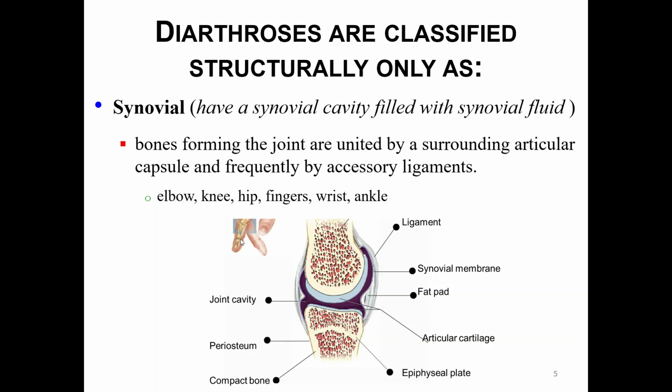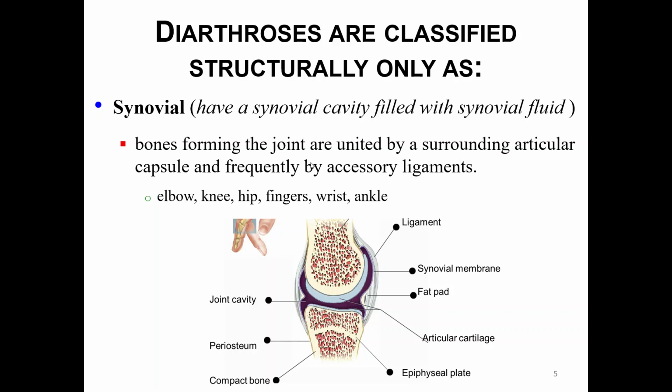Even your fingers are technically long bones because they are longer than they are wide. It's kind of weird to think about, right? Because your fingers, your toes, they're such tiny little bones, but they are still technically long bones. They do have the articular cartilage on each end to help prevent friction. The synovial fluid helps prevent friction as well.